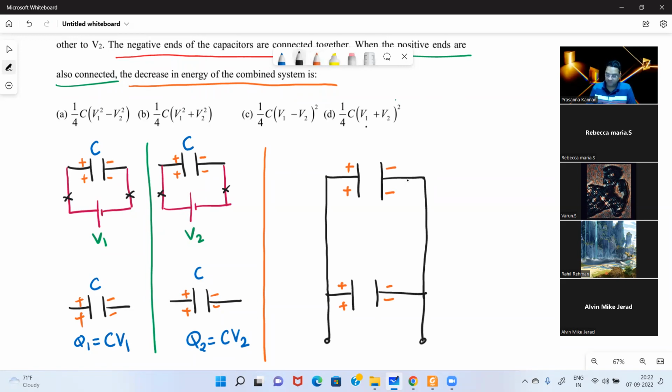So what is the total charge in the system? What is the total charge given by?